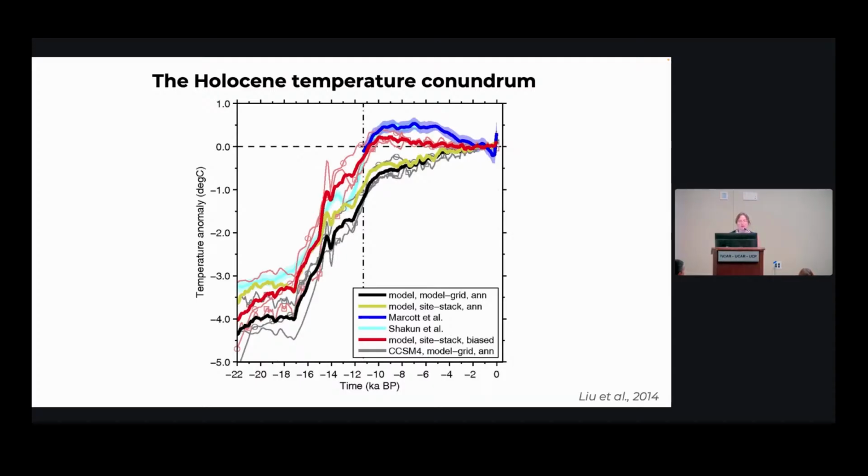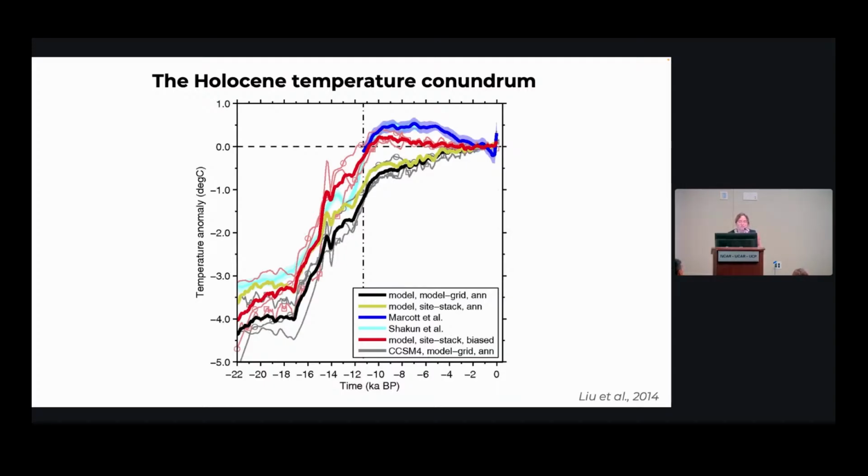We have global mean surface temperature anomaly from the pre-industrial on the y-axis, and time on the x-axis going from the LGM all the way on the left to the present all the way on the right. And you can see that our proxy records, which are in blue here, show warming from the LGM to the early Holocene, and then a temperature maximum at the mid-Holocene around 8,000 to 6,000 years ago, and then cooling to the pre-industrial.